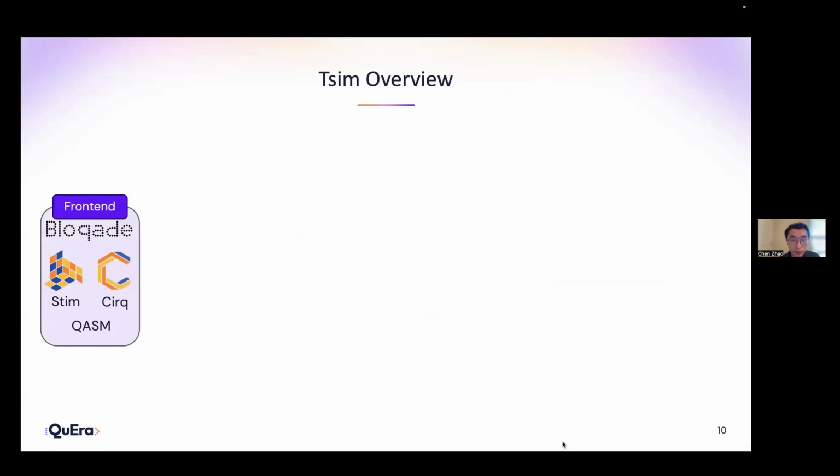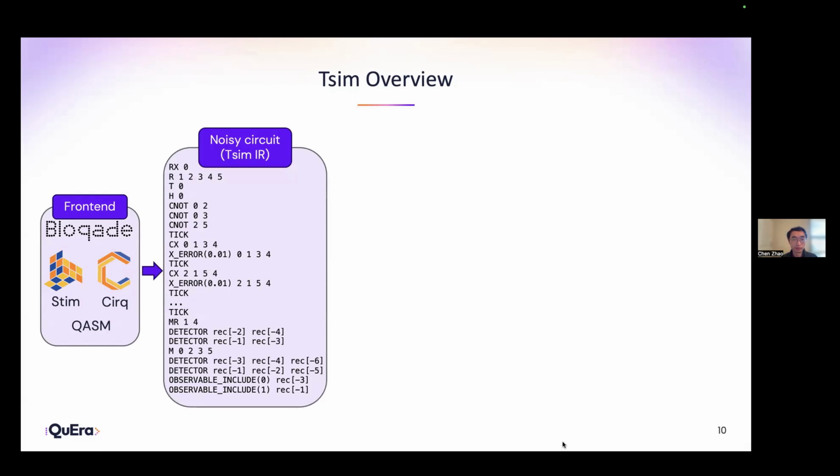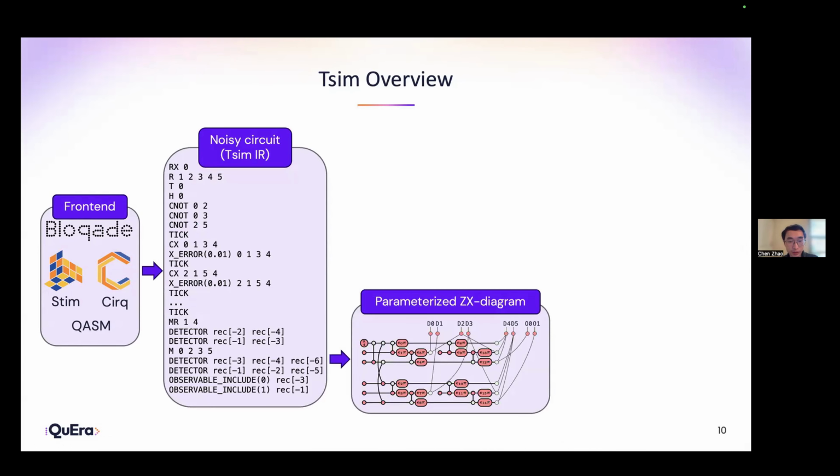And here I will briefly give a high-level overview of the workflow of tsim, which was covered by Rafael in his demo. Basically, you can write down your error correction circuit in different front ends, including Bloqade, Stim, Cirq, or OpenQASM. Then you can compile the circuit down to a tsim intermediate representation, which is basically the same as Stim, but supports non-Clifford gates, including the T gate and rotation gates. Then the compiled circuit will be compiled into a parametrized ZX diagram.